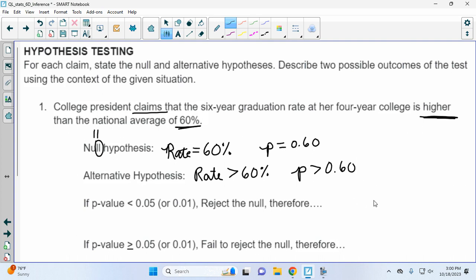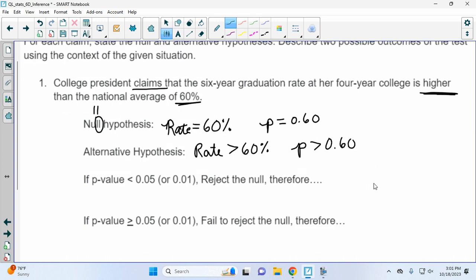When we actually collect the data, you end up getting a p-value, and how to actually get that p-value is beyond the scope of this course. But once they get the p-value, it will either be less than your level of significance or greater than or equal to it. And as the researcher, I get to determine what my level of significance is, 0.05 or 0.01, 5% or 1%.